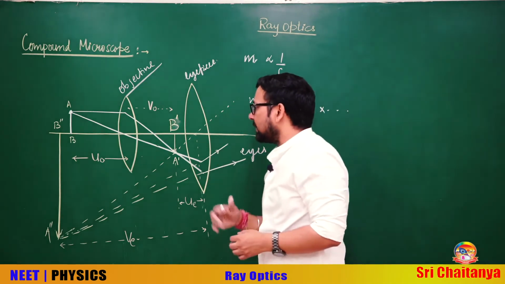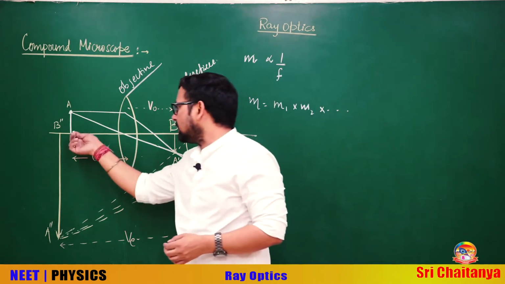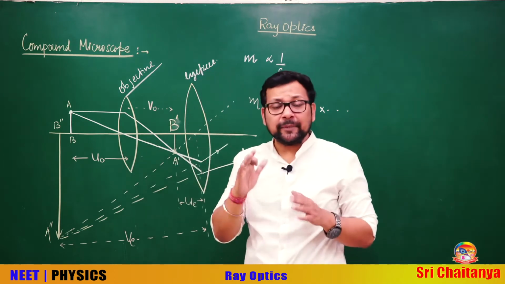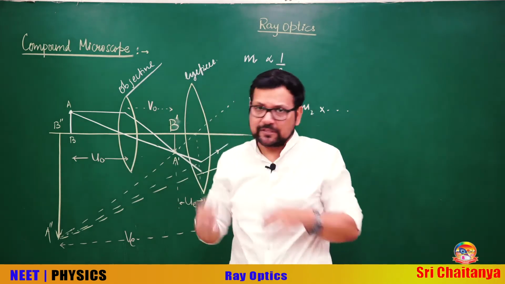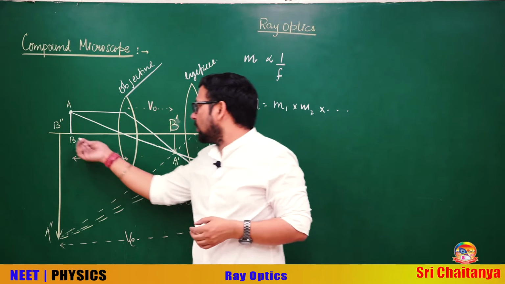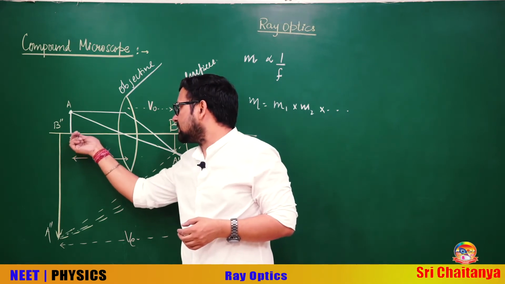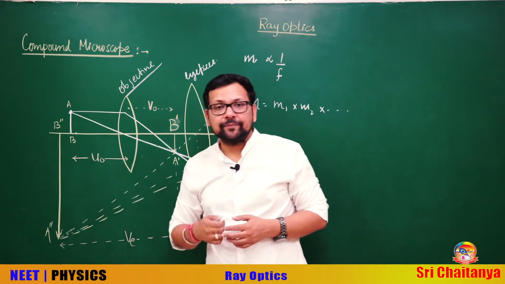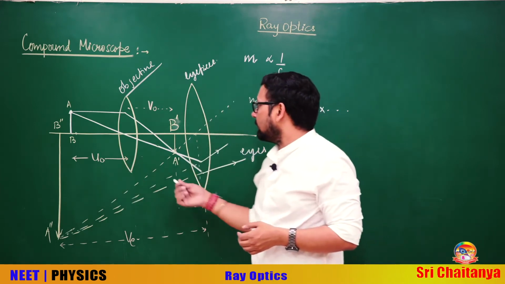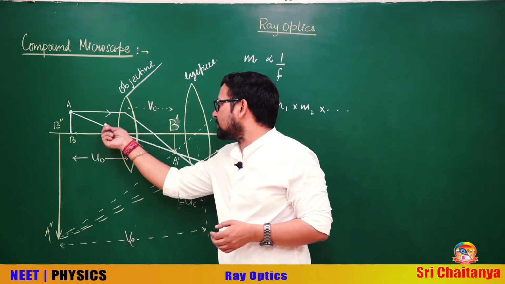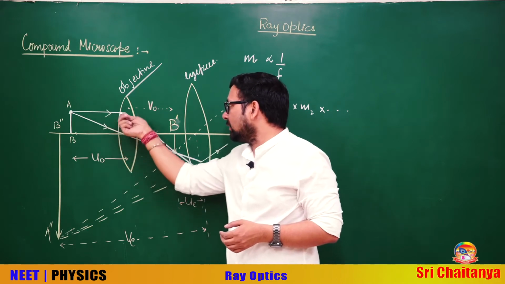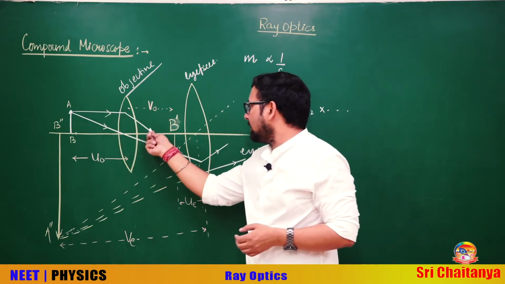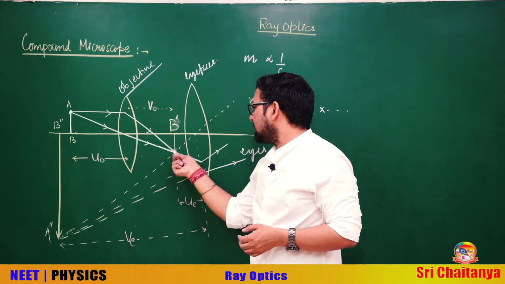Now, see the arrangement. This is the object, which is generally placed just beyond the focus. This is, say, the focus. The object distance is u0. You can see the rays going from the optical center, one parallel to the principal axis, and here the first image is formed.